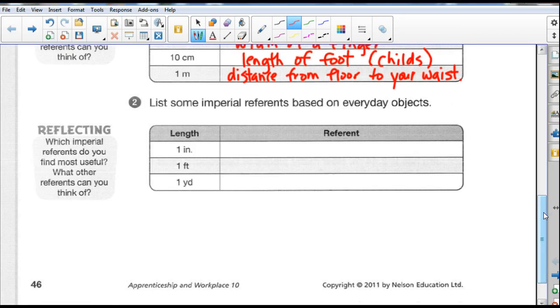1 inch. 1 inch might be the length of your thumb or your big toe. Length of your thumb. Now that's probably from the joint or the bend in it to the tip. 1 foot could be your own foot, or it could be the length of a book.